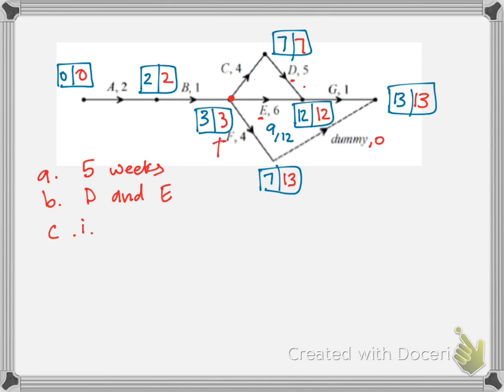We picked the lowest number when we backward scanned through C, E, and F. If we had a box for every one of those activities, which we could do, I haven't actually taught you that way, then you would see immediately the latest start time of E. But you can't assume that it's 3. You have to check. So 12 minus 6 gives me 6. So the latest start time of E is actually 6.